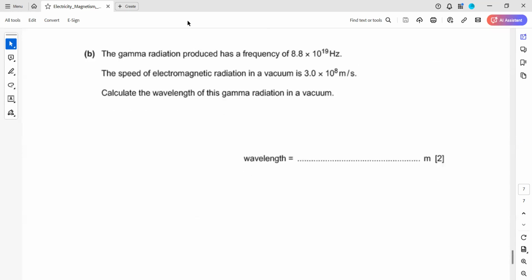The gamma radiation produced has a frequency of 8.8 × 10^19 hertz. The speed of electromagnetic radiation in a vacuum is 3 × 10^8. What is the wavelength? Which formula will we use if we have the frequency and the speed? The formula which relates frequency, speed, and wavelength: v = fλ.